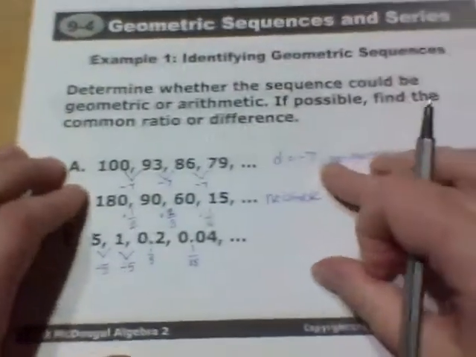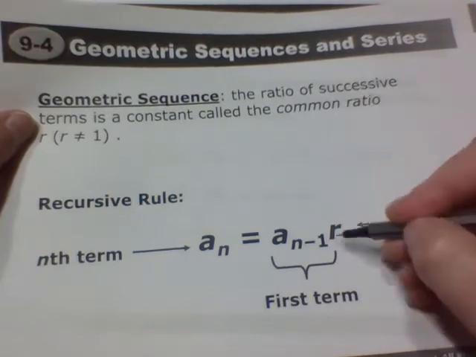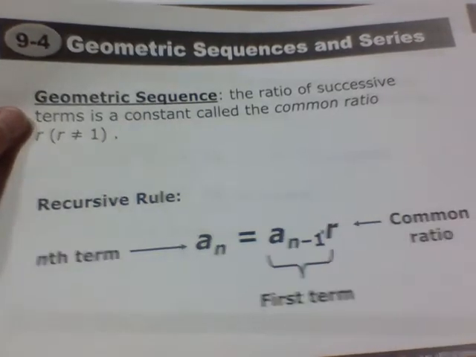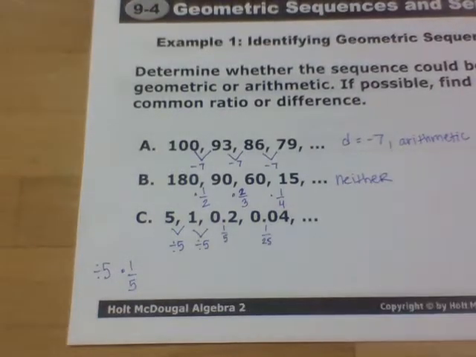And since our definition of geometric is a common ratio that you're multiplying by, anytime we see division, we'll restate it as multiplication.